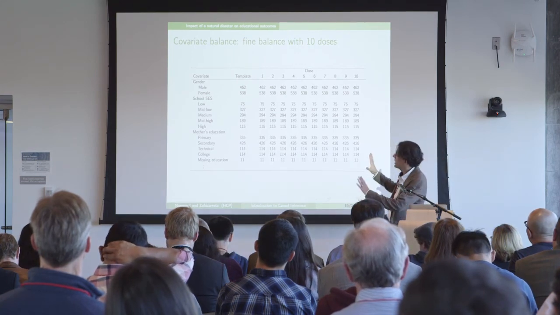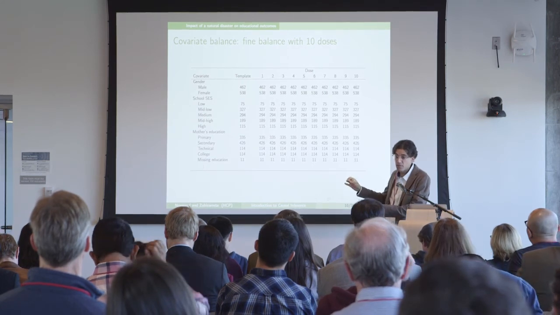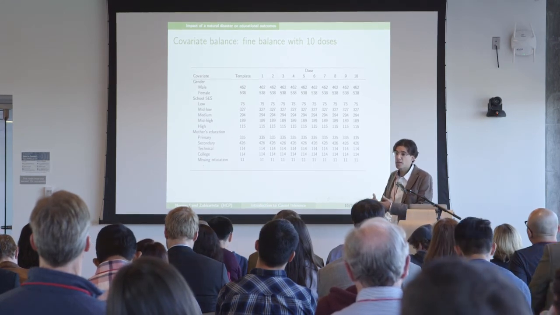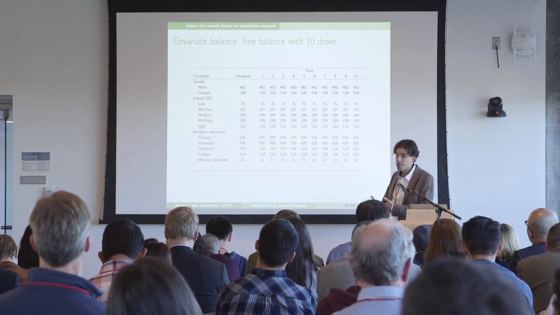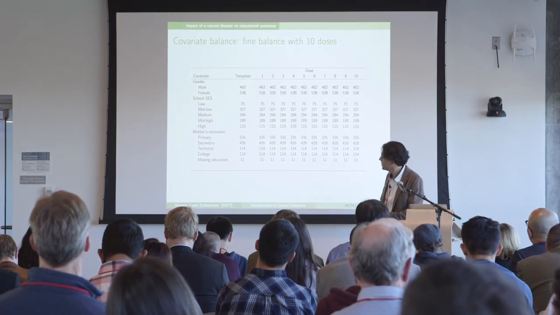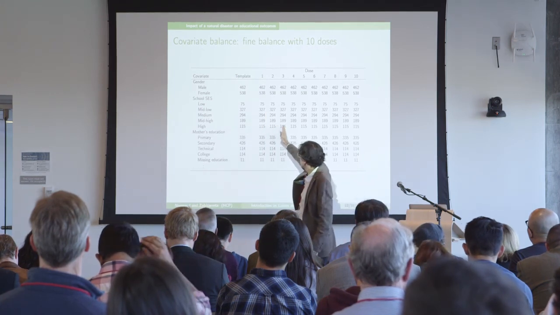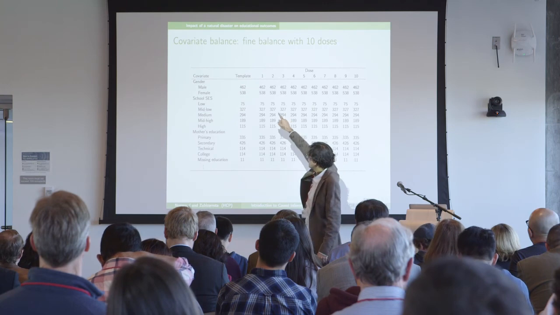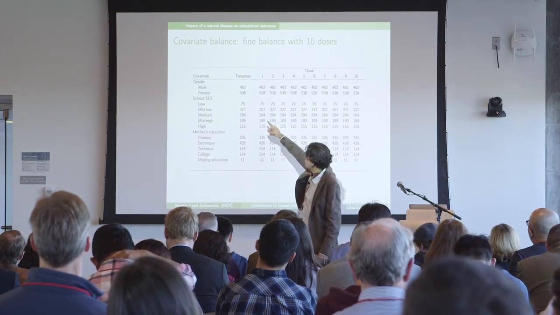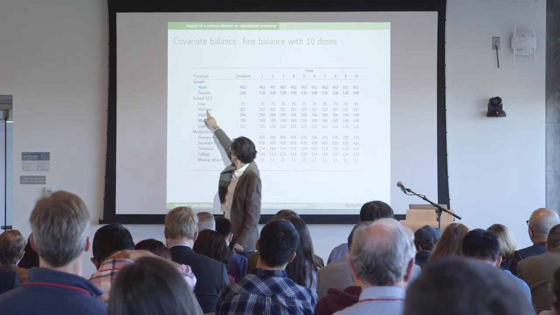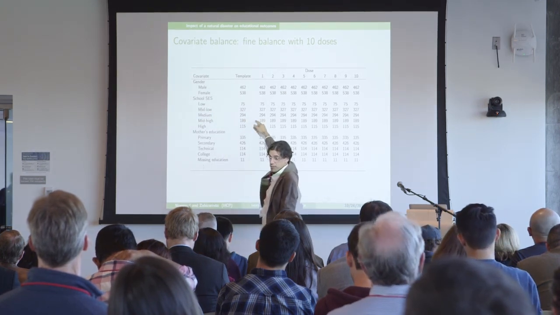And by doing this, we can balance covariates very precisely. Here I'm showing you a table 1 for covariate balance, but it's a lot more precise than a usual table 1, because we're not only balancing the means of the covariates, we're perfectly balancing the marginal distributions of the covariates. For example, gender here. Across all the levels of shaking of the earthquake, we have the same number of counts of males and females. We have the same number of students in low socioeconomic status schools, right?